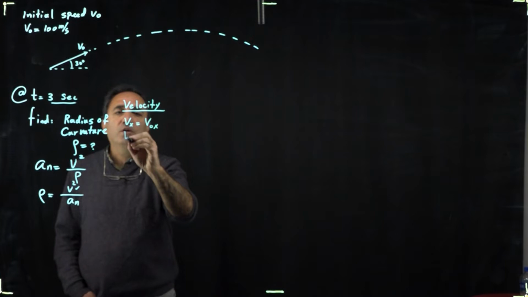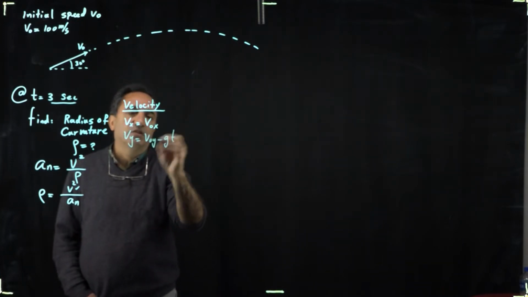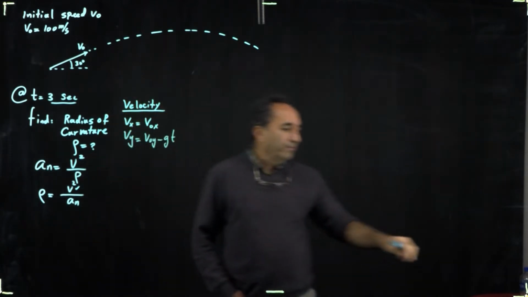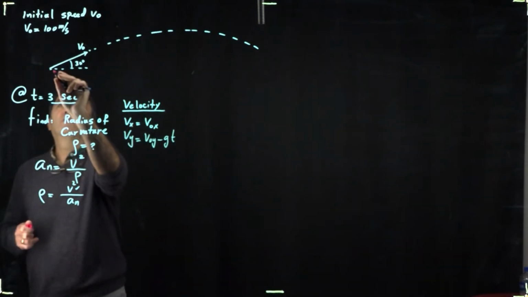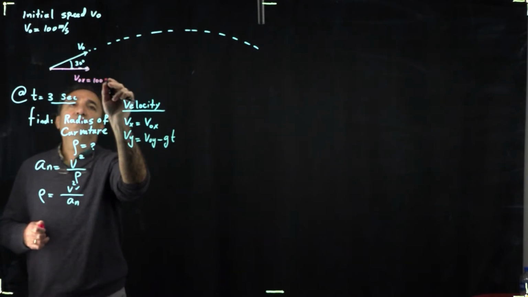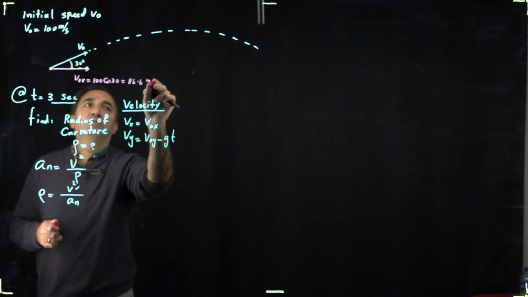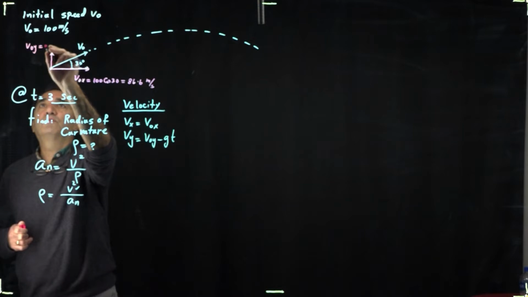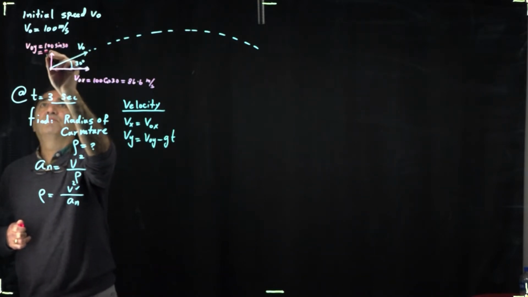And then the y component can be determined as constant acceleration due to gravity in the y direction. So we need to find the initial x component of velocity, which is v0x here. That would be 100 cosine 30, which is 86.6 meters per second. And then the y component of initial velocity would be 100 sine 30, and that happens to be 50 meters per second.